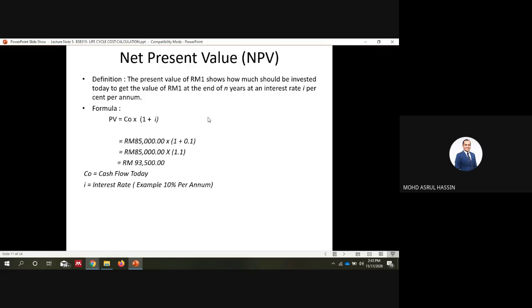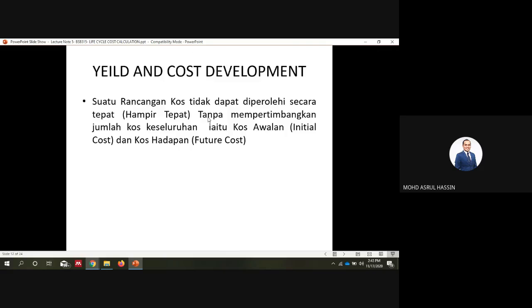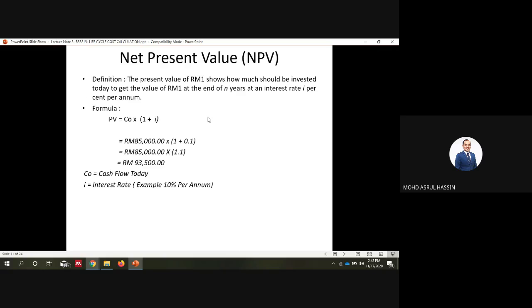How long you want to get your money. For example, you want 93,500 for the next few years. For this one, there is no end, so it means for a year, for 1 year only.